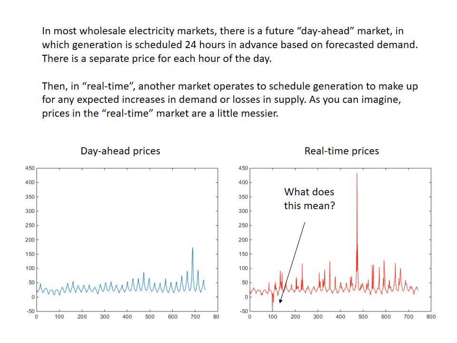And so the market has to incentivize generators to curtail output or shut down if there's too great a supply of electricity. And the way they do that is by causing prices to go negative, which means if you want to sell electricity, you actually have to pay to sell electricity.